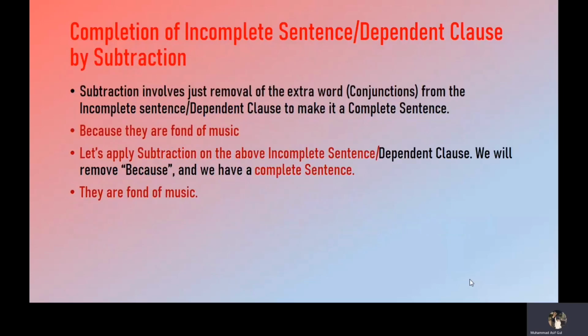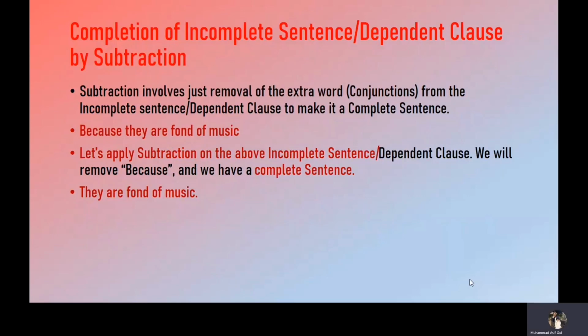We can complete these incomplete sentences by another activity, and we call it subtraction. In subtraction, this is so simple. We simply remove the extra word from the incomplete sentence, from the dependent clause, or from the subordinate clause. By the extra word, we mean conjunctions, as we see here, because they are fond of music. If we remove because in the beginning, we have a complete sentence: they are fond of music.